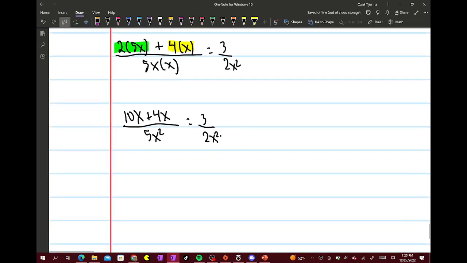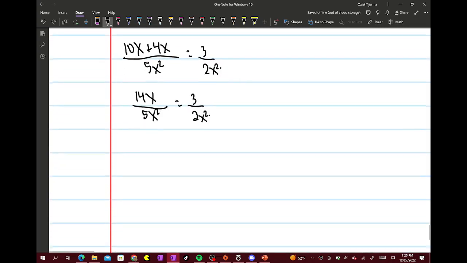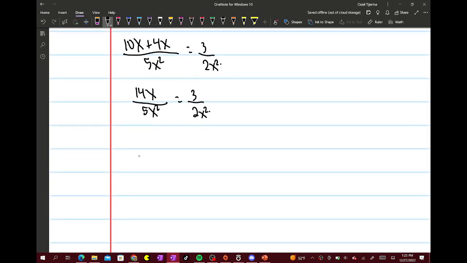So then we would say 14x over 5x squared equals 3 over 2x squared. So then you have to get rid of that x, right?